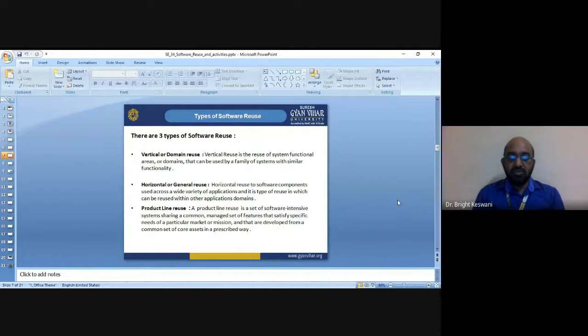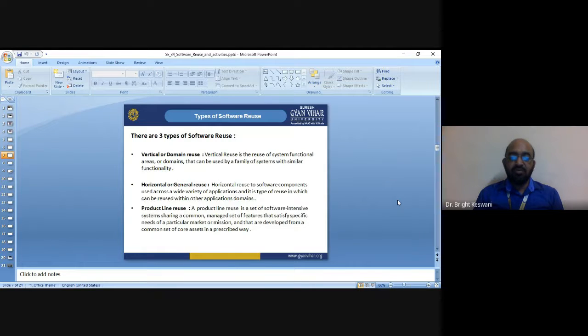So we can call it general reuse. For example, user interfaces or database connection libraries and components tend to be abstract data types with common behavior throughout different domains.